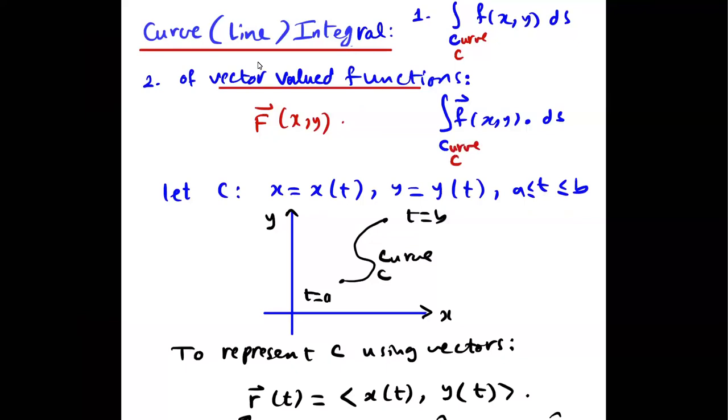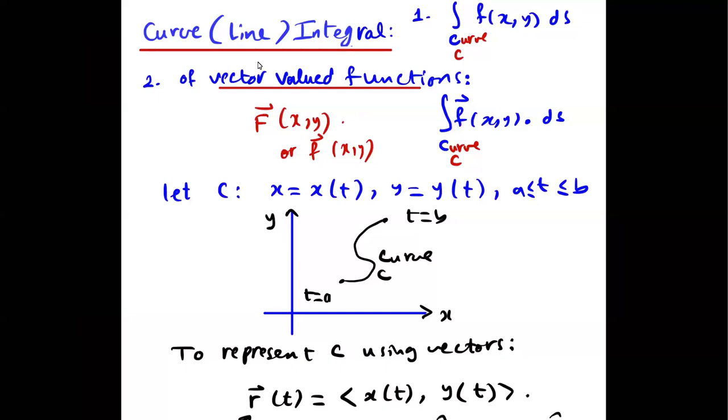See, the definition is by dot product. Look here for F, any vector function. If this function is a vector valued function, F of x, y, a vector field, think of a velocity field or force field, a magnetic field, gravitational field, whatever, electric field.